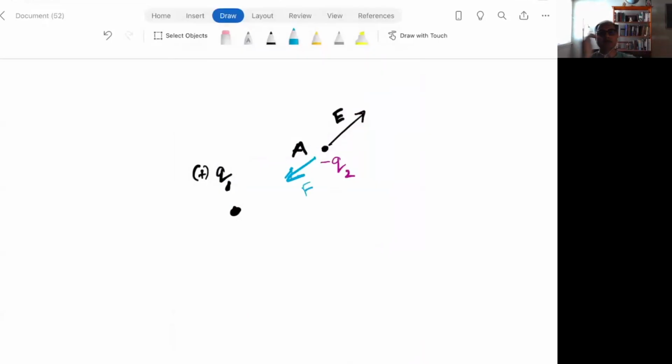Q1 and Q2 are going to attract each other, right? Because they're opposite charges. So Q2 has to feel a force towards Q1. And that's why we need the property that a positive charge will always produce an electric field pointing away from itself, and negative charges will always produce electric fields pointing towards themselves. That makes sense?